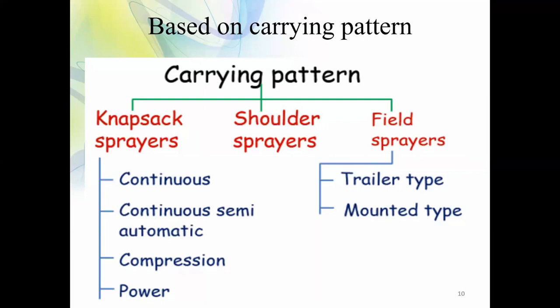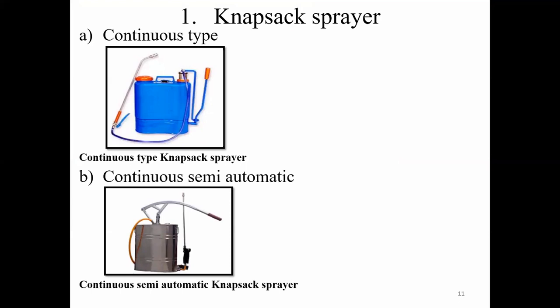These types of sprayers are mounted on tractors. These are the knapsack sprayers and their categories. The first one is the continuous type sprayer, and the second one is continuous semi-automatic.